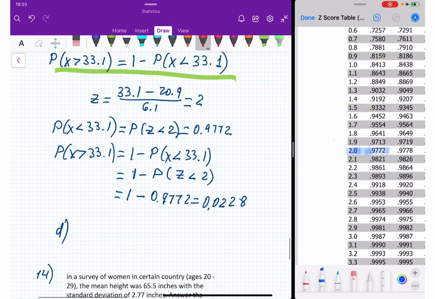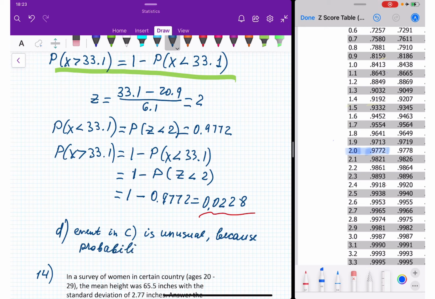And this one, we get 2%, which is less than 5%, right? That means the event in C is unusual because the probability is less than 5%.